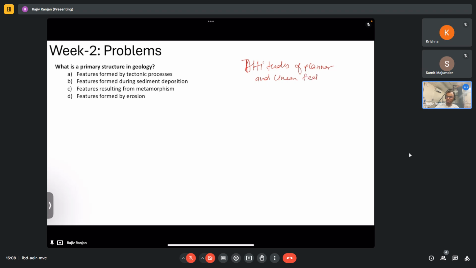If I ask you what you measure in planar features, what are the measurements that you take to study planar features, such as if you go to the field and see a bed, what measurements do you take in general?